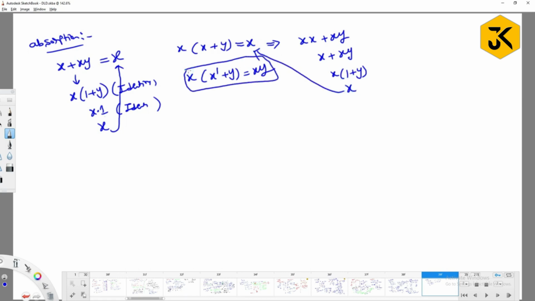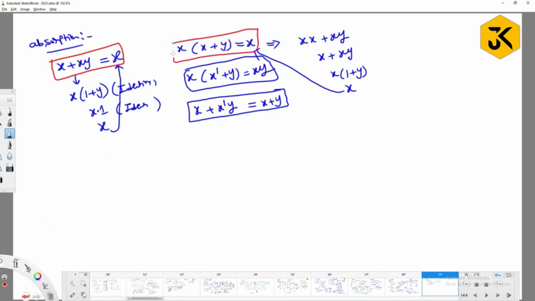This also comes under absorption law: x plus x bar y is equal to x plus y. Guys, you can observe one thing here. What are the formulas that I am trying to discuss? See, it's not magic. I have taken them intentionally.